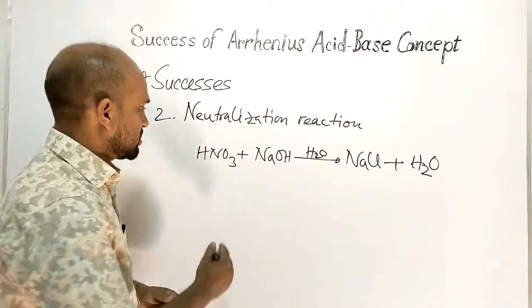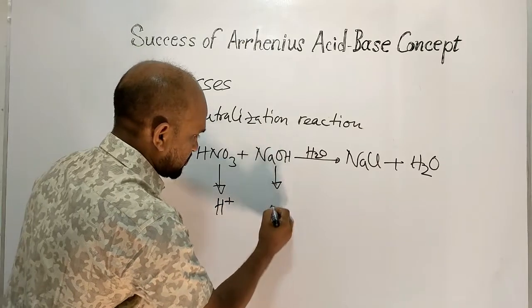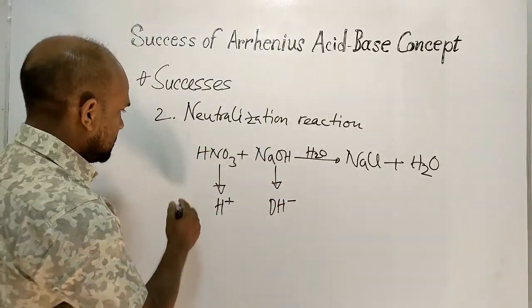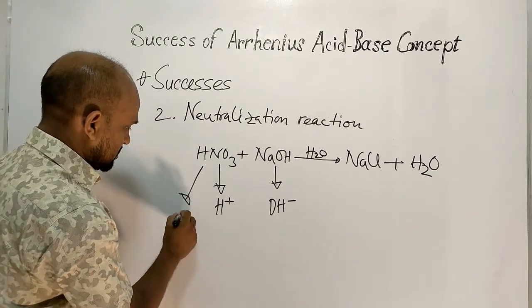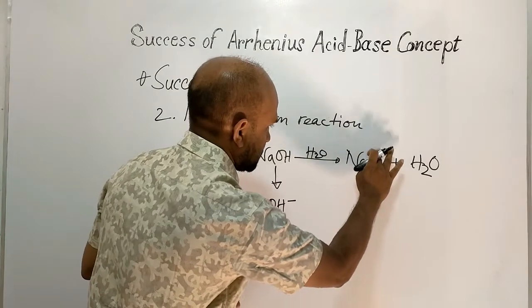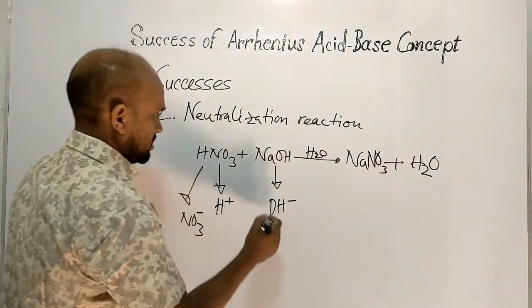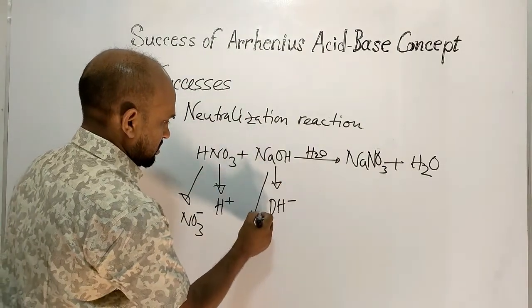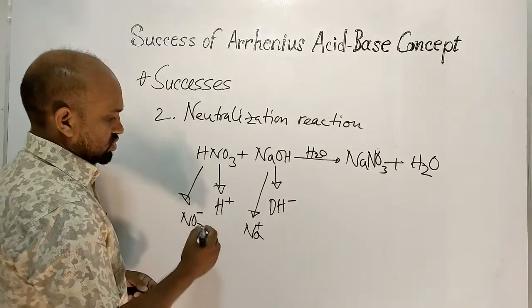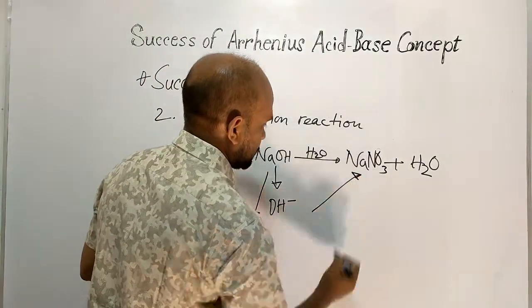And acid produces proton and base produces hydroxide ion. And here the anion is nitrate ion. Here the salt is not sodium chloride, this is sodium nitrate. And here the cation is sodium plus. So sodium plus and nitrate minus, this salt is formed.